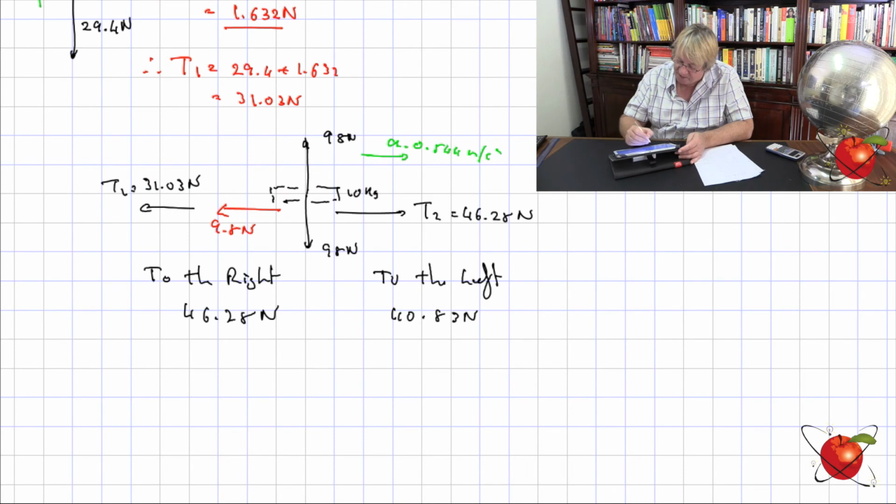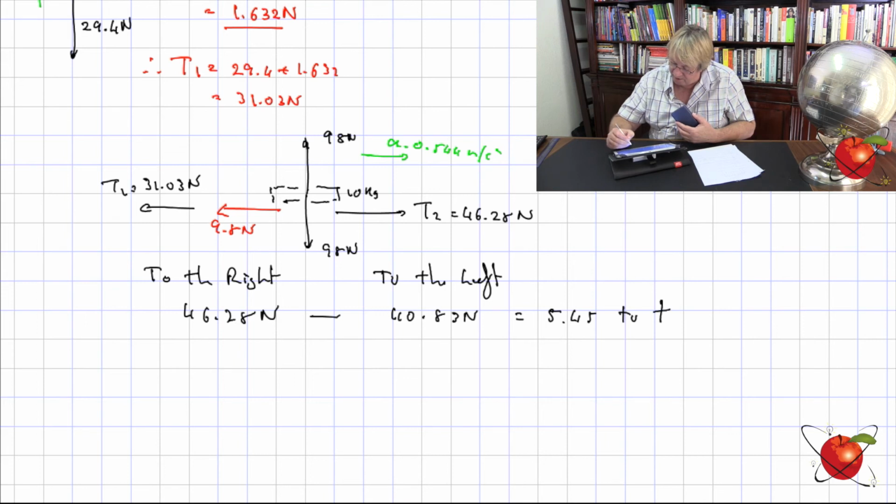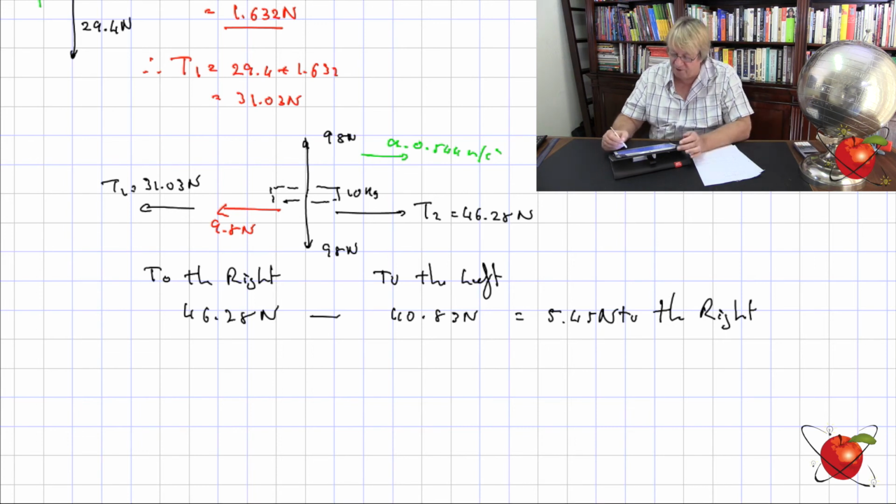Now let's say, right, therefore there is an F net, and my F net is going to be 46.28 minus 40.83, which is equal to 5.45 to the right. Okay, 5.45 to the right. Now, the last thing we say is there's an F net.